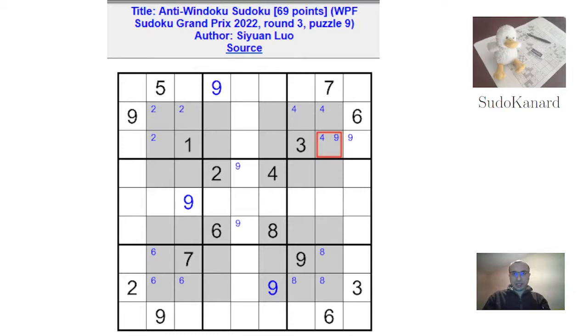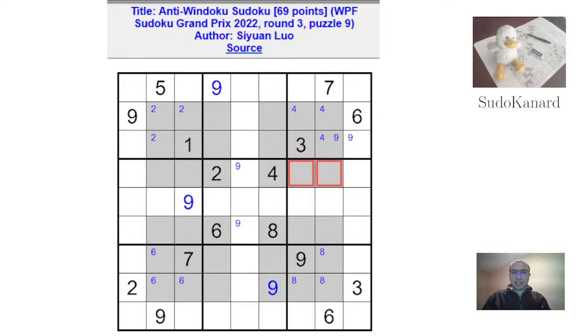And something interesting here is that if 9 is here, then we can't put it in any of those 2 cells. And if 9 is here, then it's not here, so we can't put it in any of those 2 cells.